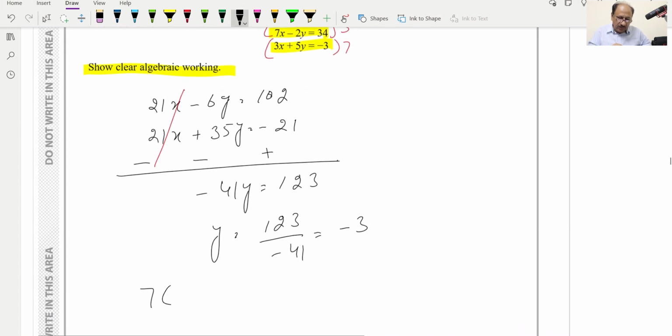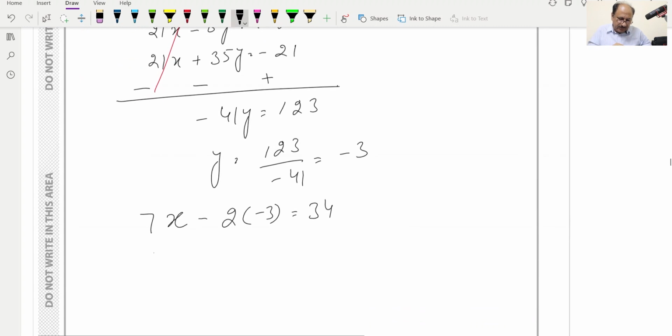So 7x minus 2 into y, which is minus 3, is equal to 34, and this implies 7x plus 6 is equal to 34.